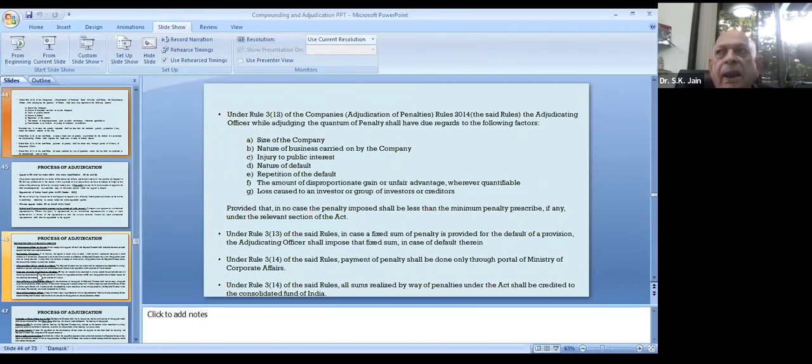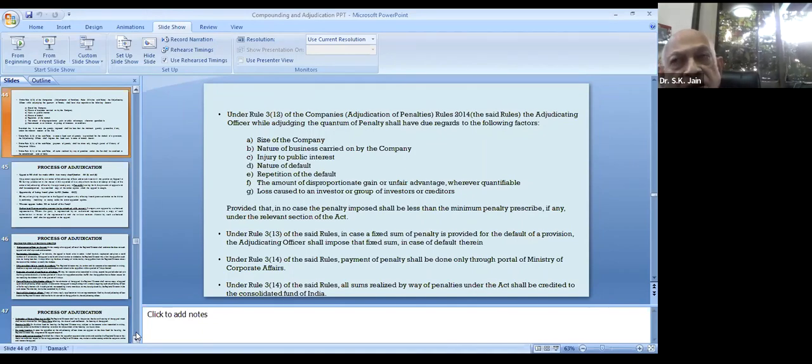Now, in case of small companies, Section 446B provides for 50% of the prescribed penalty amount. You must have read that the definition of small companies has now changed. Earlier, it was paid-up capital 2 crore, turnover 20 crore. Now it has been changed to paid-up capital 4 crore and turnover 40 crore.